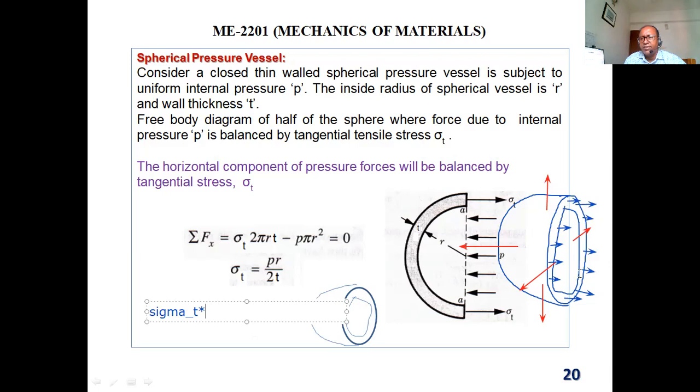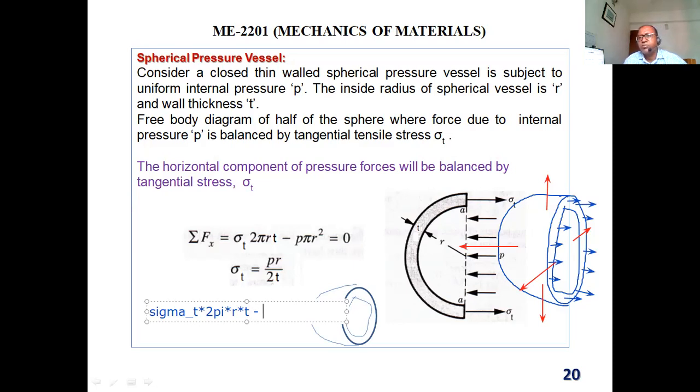So what will be the length of this thickness? 2 pi r. Then multiply by the thickness, so 2 pi r t. This is the force working in the right direction. And this much force is working in the left direction, so I'm just saying minus.